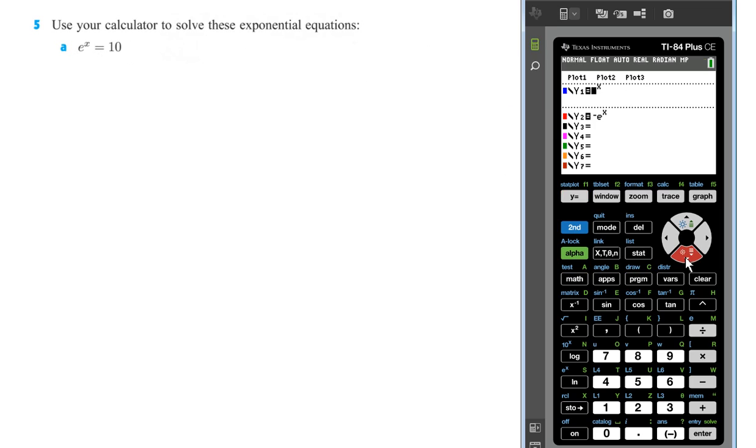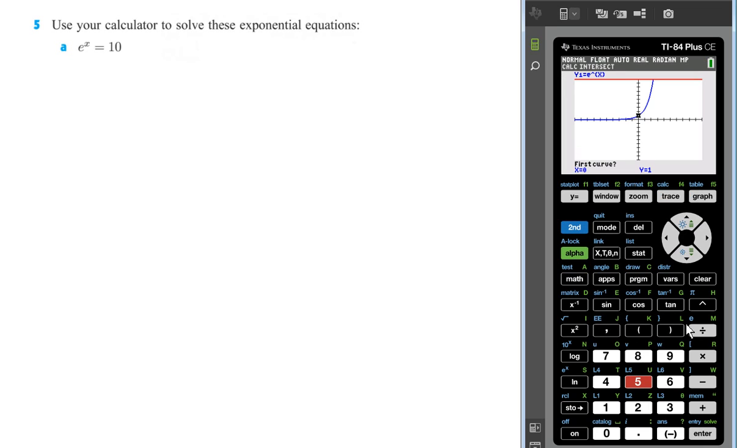We've got, look, we already got e to the x there, and then this one we're going to just turn into 10. Okay, and then we'll graph those two things and see where they intersect. So here's the e to the x, and then 10 is going to be a red line that comes right across the top here, and we just want to find that intersection point right there. Okay, so second trace, we want to find 5, the intersection.